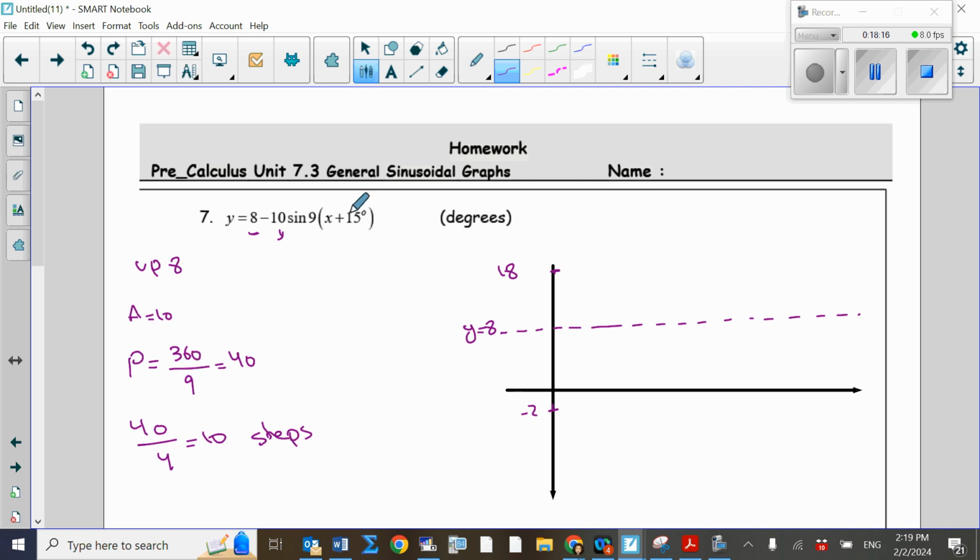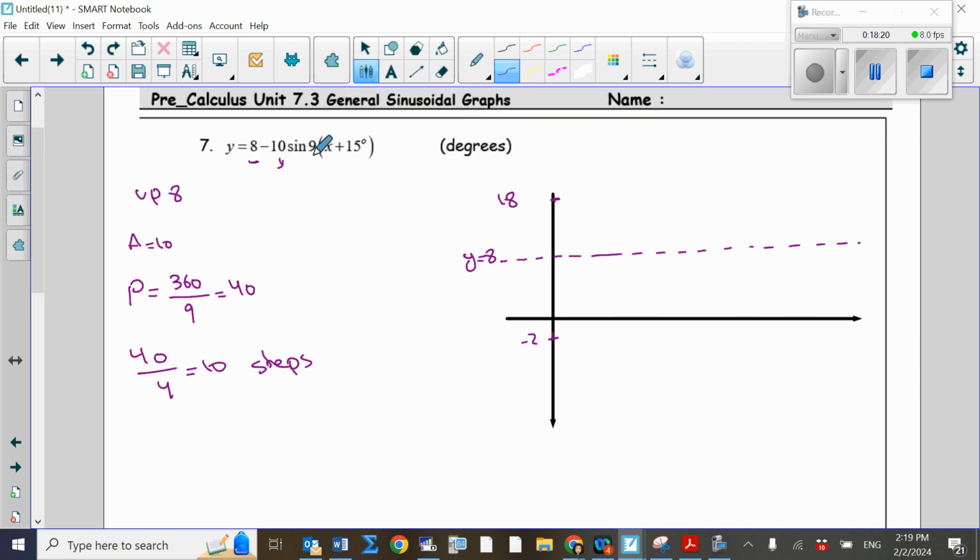Now I'm going to find the horizontal shift, the starting point. This is x plus 15. That means the function is moved left 15. If you have noticed, I calculated the period first, then I did the horizontal shift.